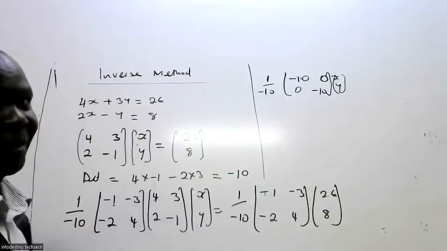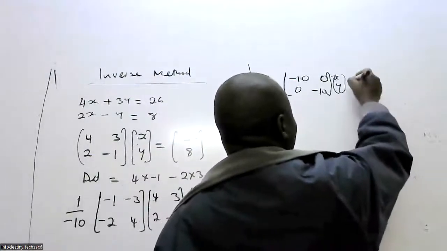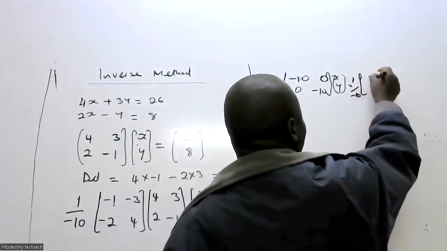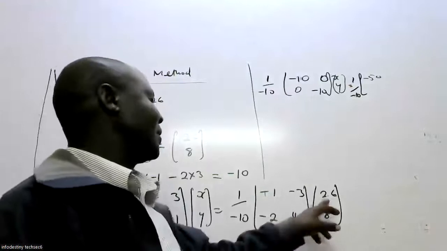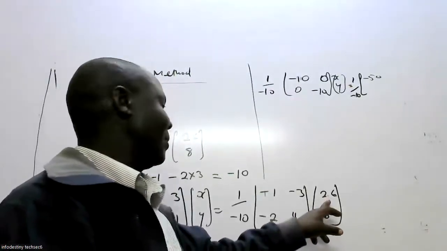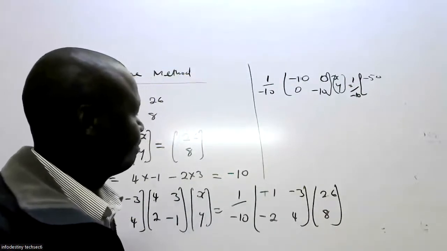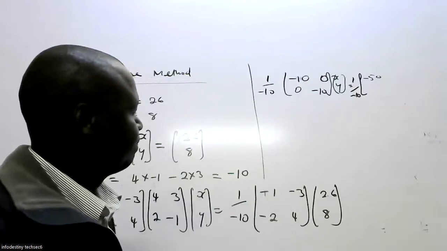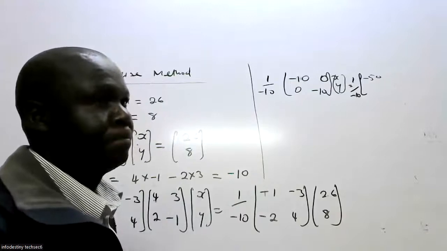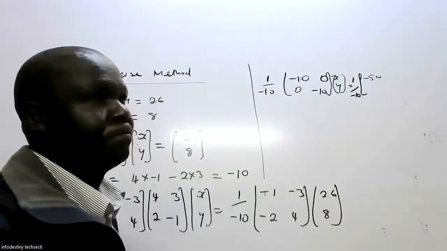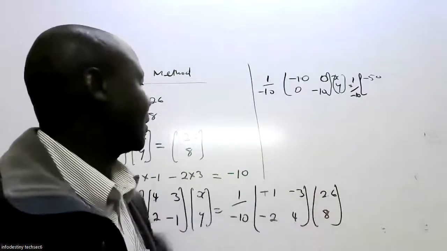So it equals 1 over negative 10, negative 50. See here? Come to this. This times this plus this times this.